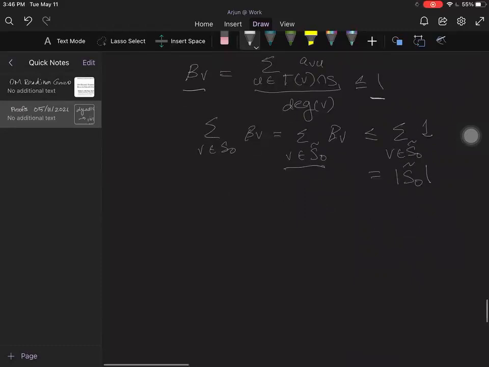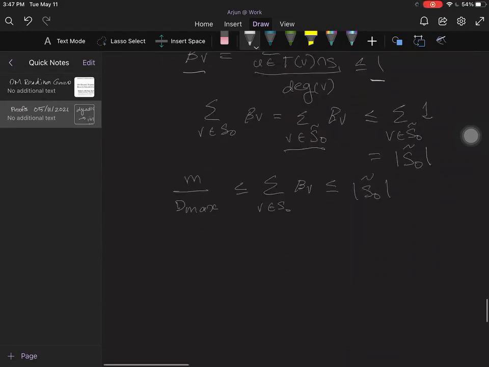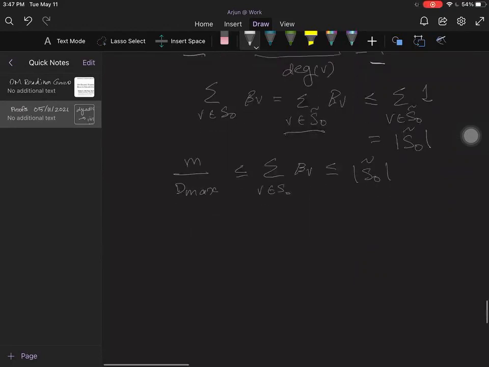Okay, so we've now shown that M over D max is a lower bound on the sum of all the beta v's, and that the cardinality of the set of all nodes at the border is an upper bound on the sum of all the beta v's.